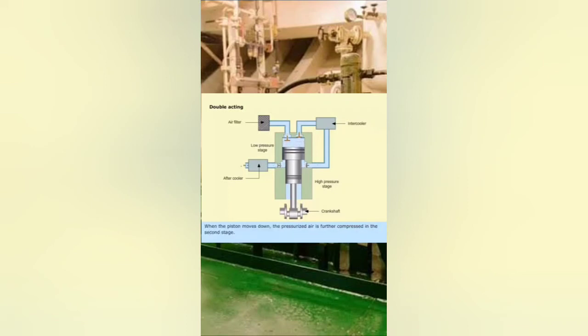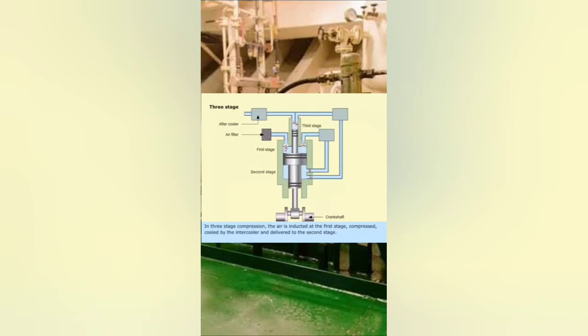When the piston moves down, the pressurized air is further compressed in the second stage. In the meantime, the low pressure stage inducts fresh air from the atmosphere through an air filter. In this way, the process is cyclical.